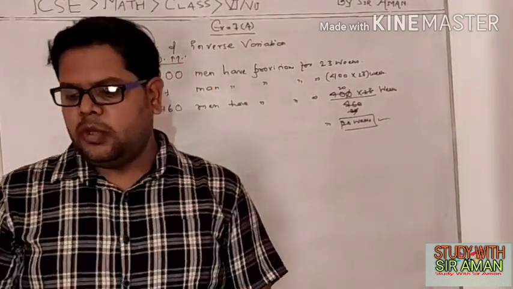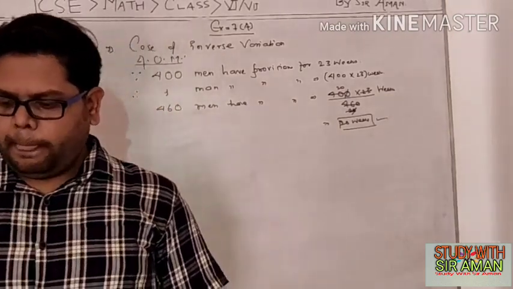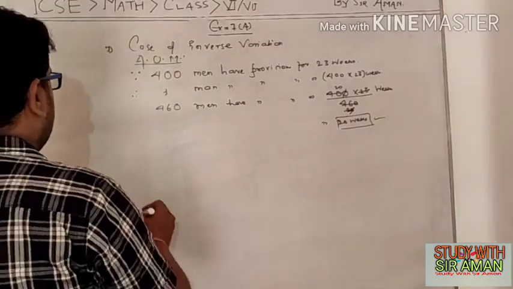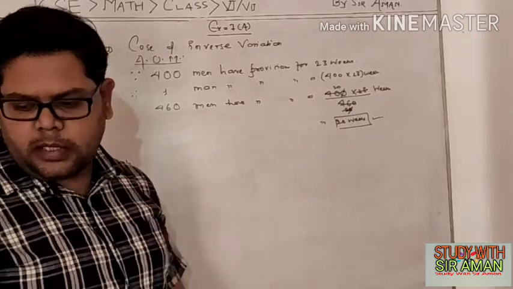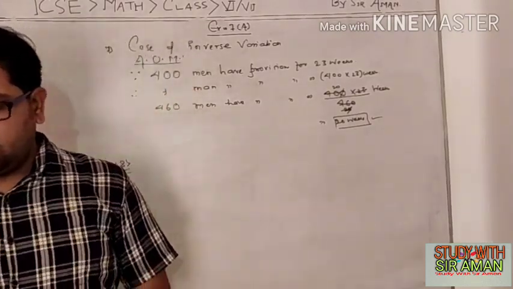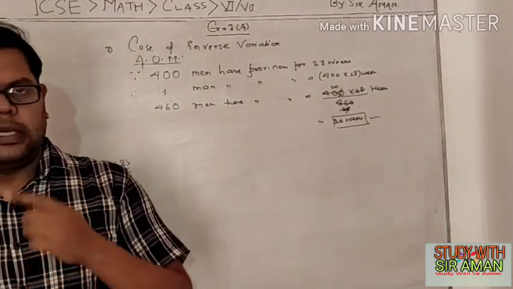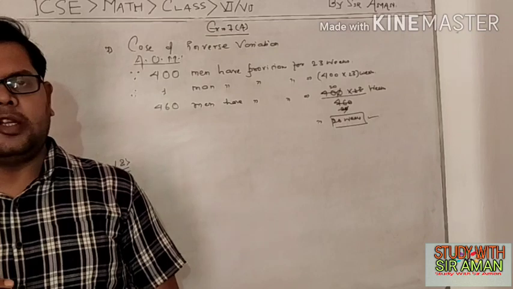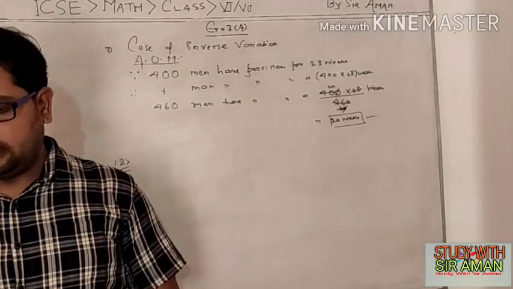Okay. One more example I am telling you. Question number 12, we will discuss. What is question number 12? Fare for 48 kilometer is 288 rupees. Okay, we are traveling. The fare we have to give for 48 kilometer here is 288 rupees.